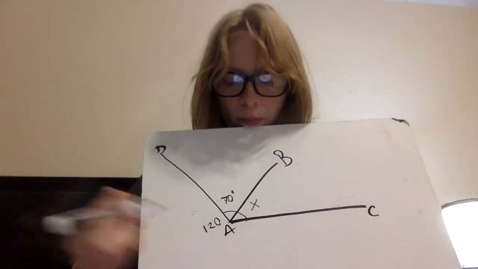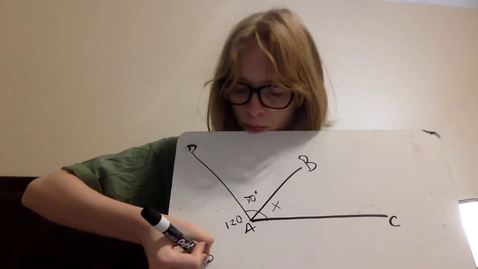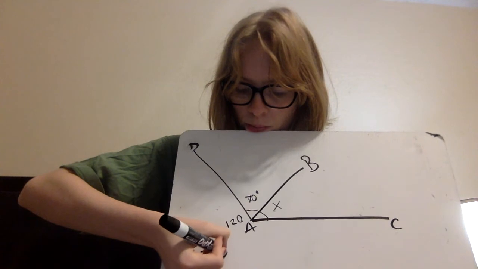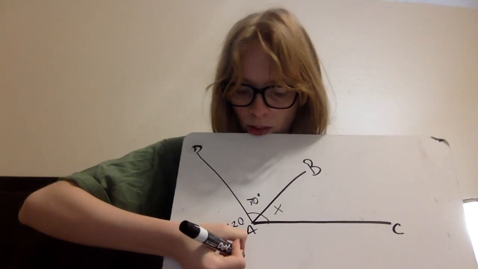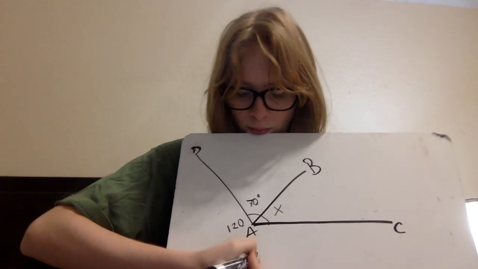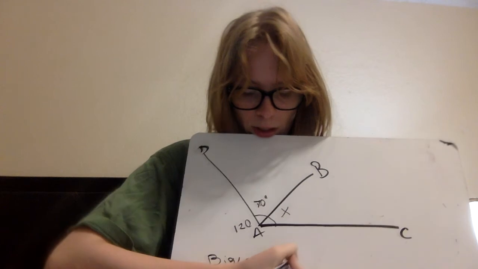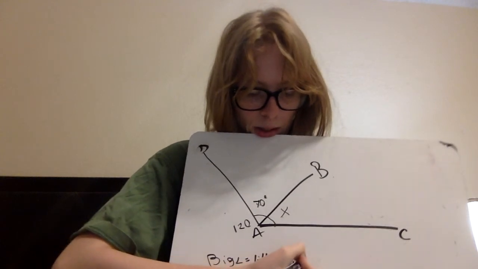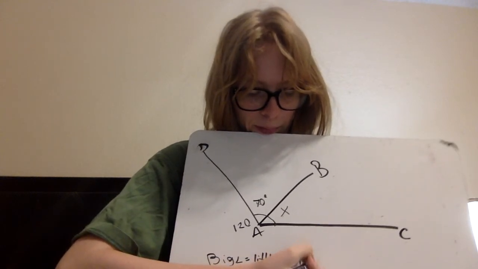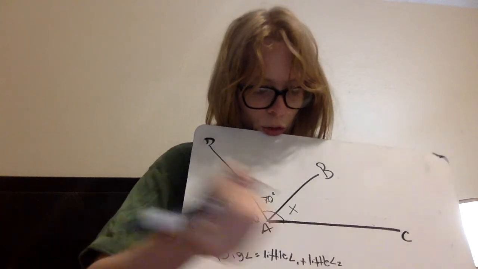All right, so we know that it's big angle equals little angle 1 plus little angle 2.